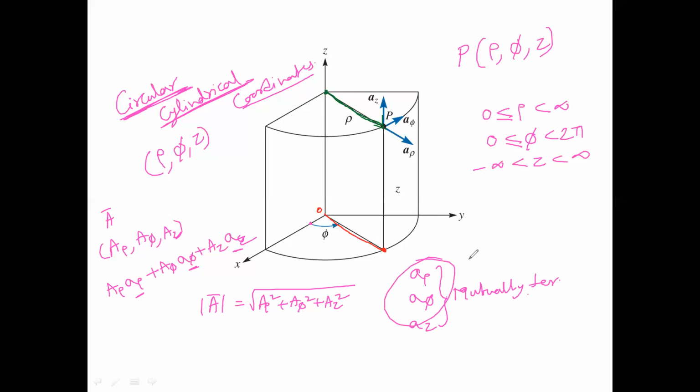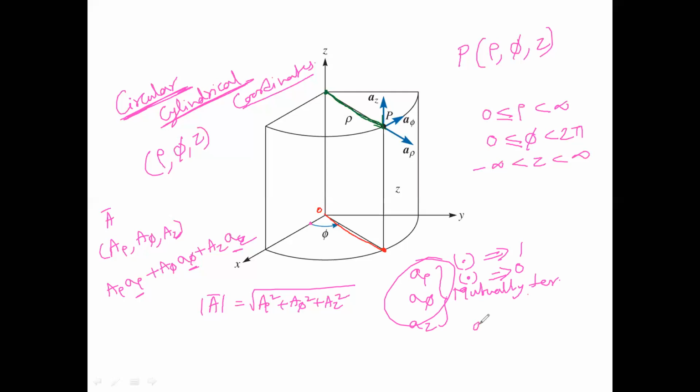The dot products of the same unit vectors are equal to 1, and the dot products of different unit vectors are 0, and cross products give the remaining unit vector.